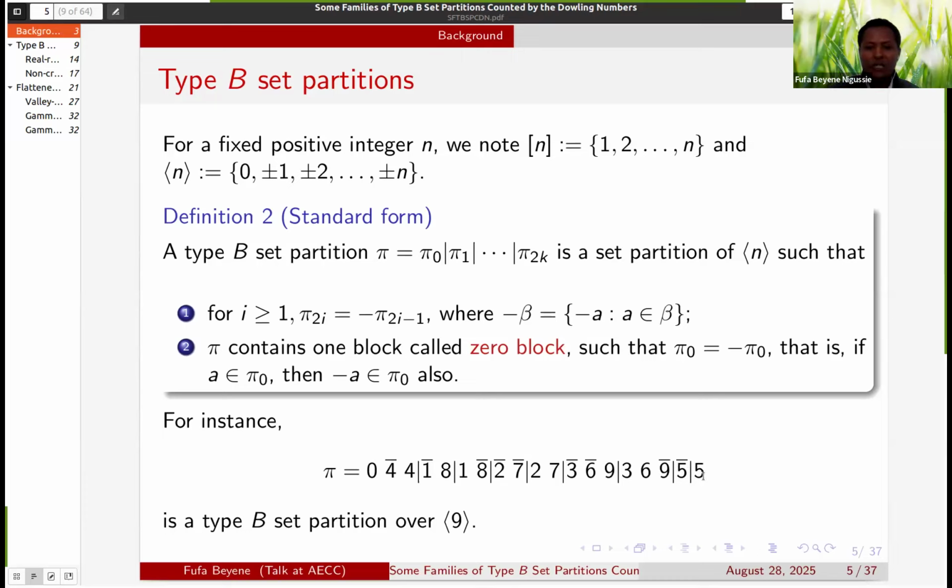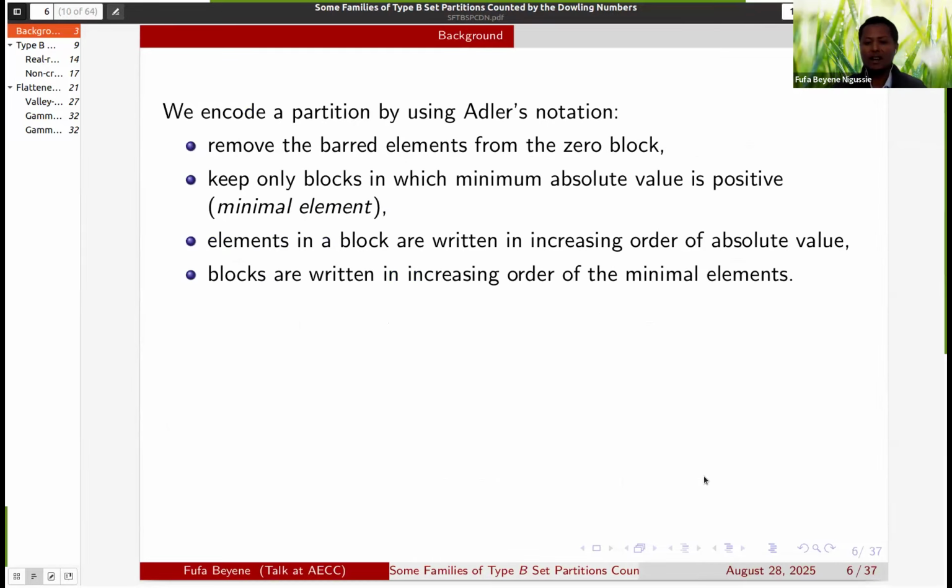As you can see from this partition, it's lengthy. Due to Adler, we have a very nice code to represent the type B set partitions. And we have the following definition.